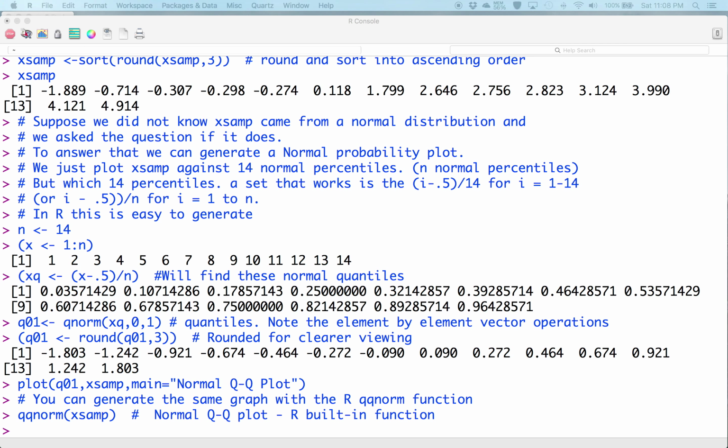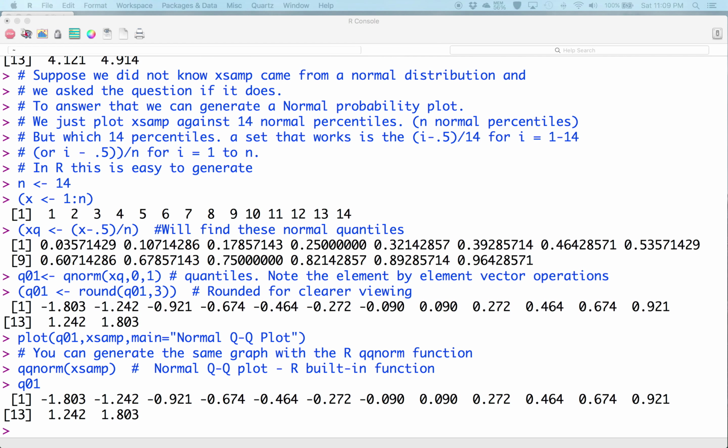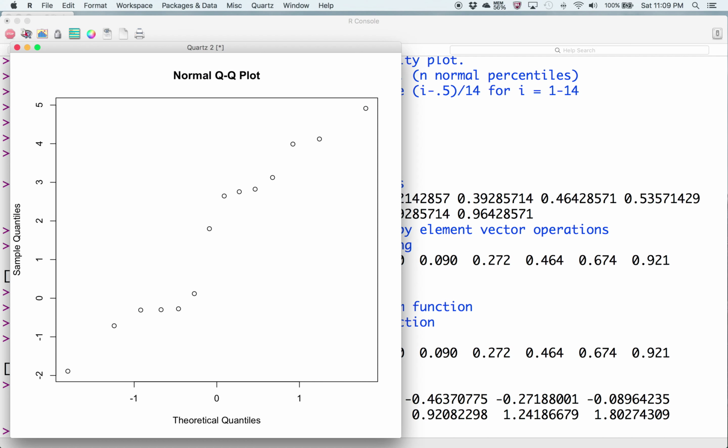As a matter of fact, it turns out that qqnorm(XSamp) is a list in R, and part of that list is actually the Q01, which were the standard normal quantiles. Here's what we plotted against. And here is qqnorm(XSamp)$x.